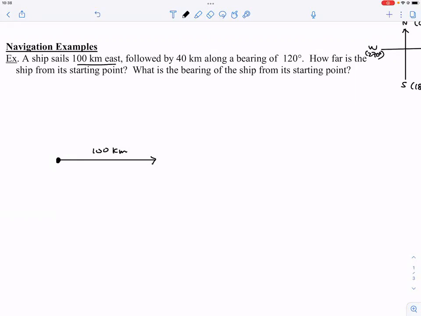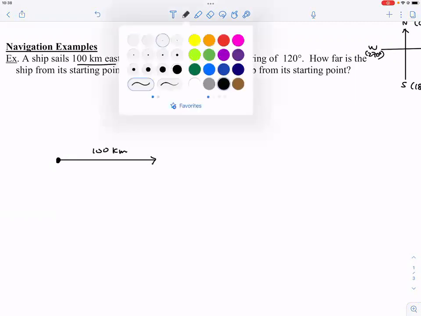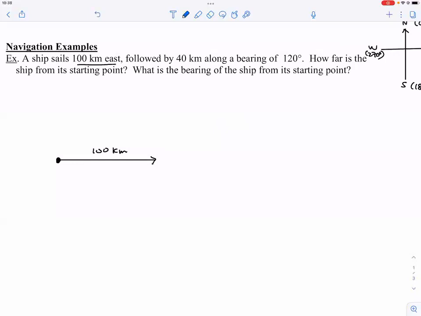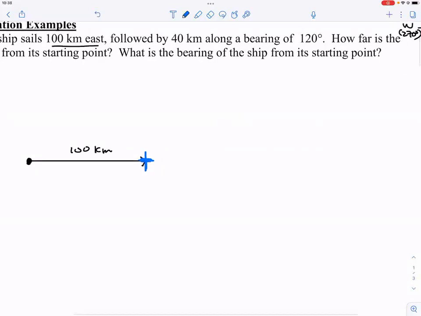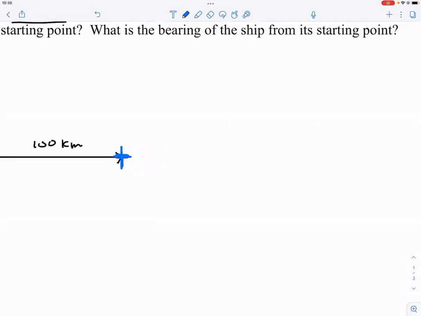How this is 100 kilometers, then when you draw the 40 kilometers, it'll be somewhat shorter, like half as short at least. And then you would draw a little cross right here, because it's going to make a turn. It's going to travel at 120 degrees for 40 kilometers.